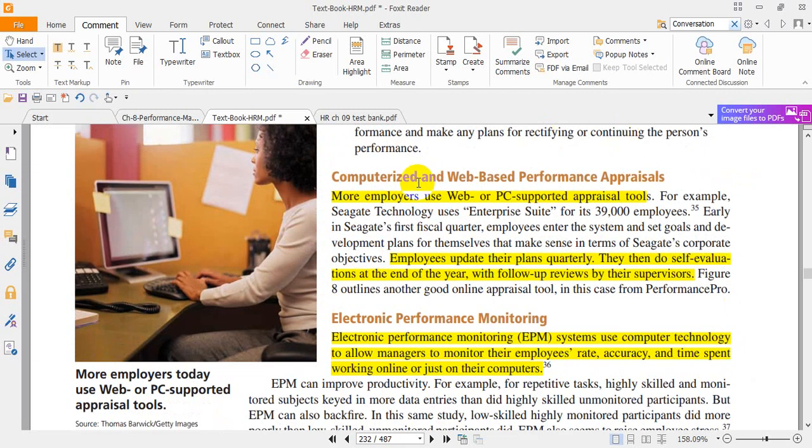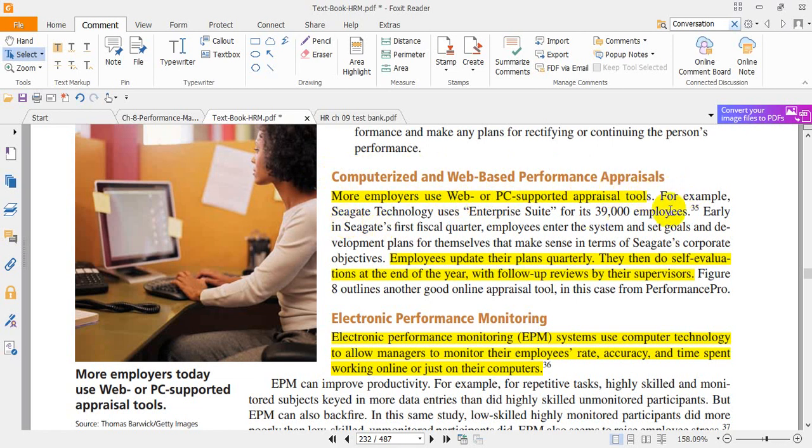And the other method is computerized and web-based performance appraisal. From the title we can understand that computerized means using the computer, PC, and the web to support appraisal tools.